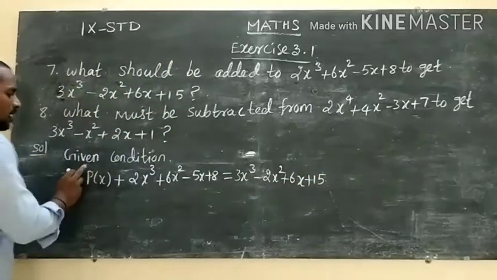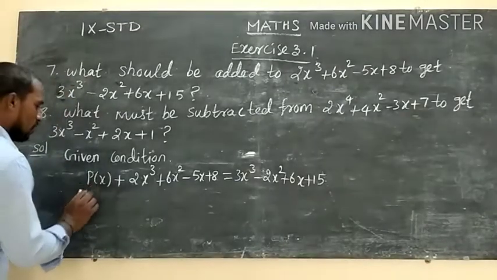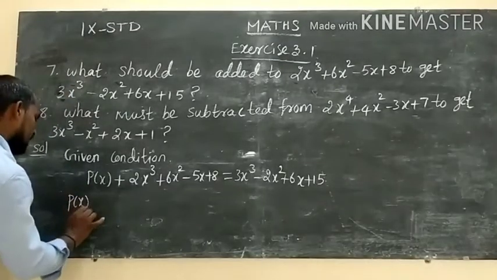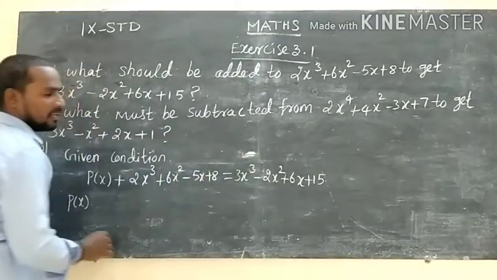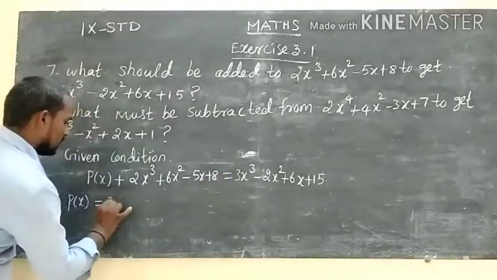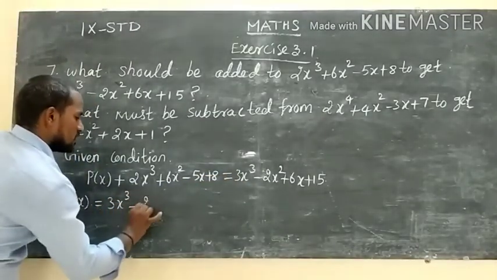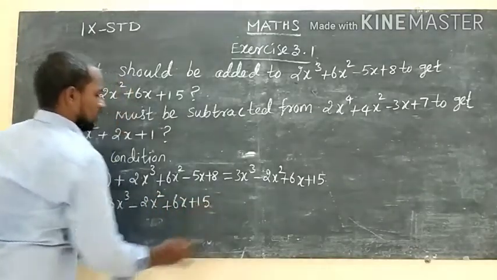What is the p of x value? This is our assumption, so only p of x is needed. So stay on the left side, and the remaining polynomial is transferred to the right side with the opposite sign, equal to the right hand side 3x cube minus 2x square plus 6x plus 15.